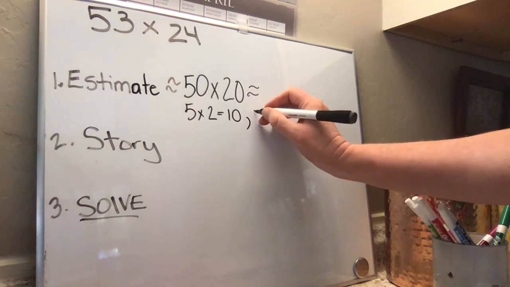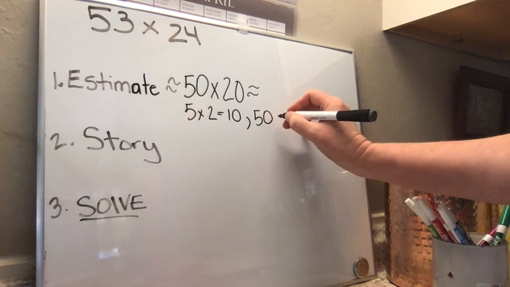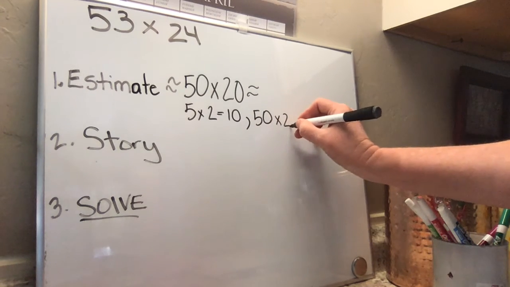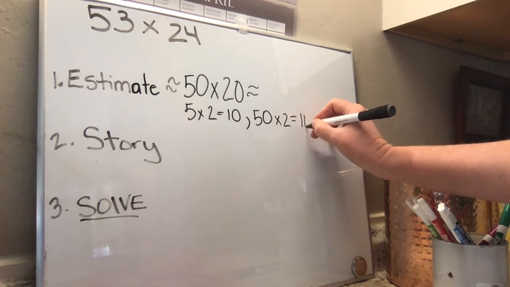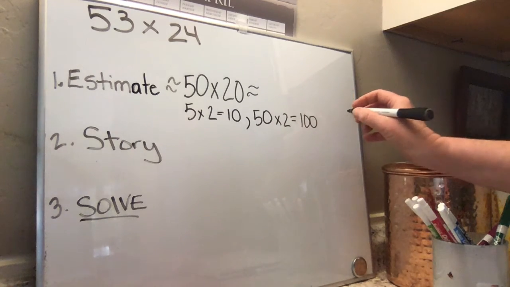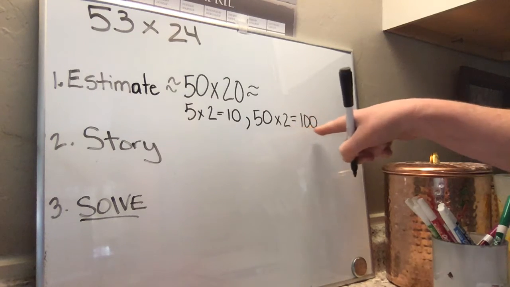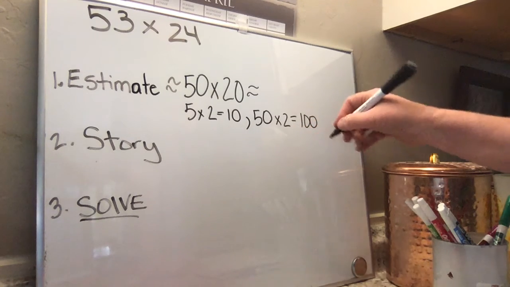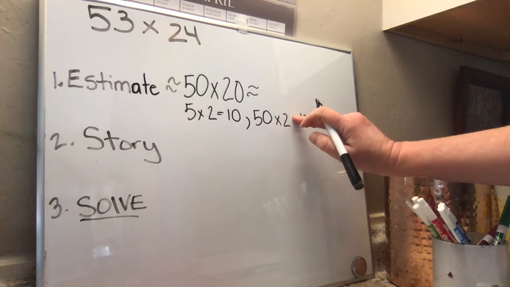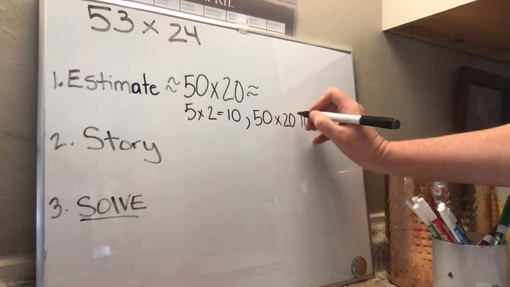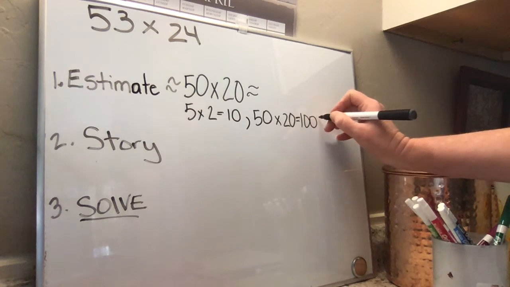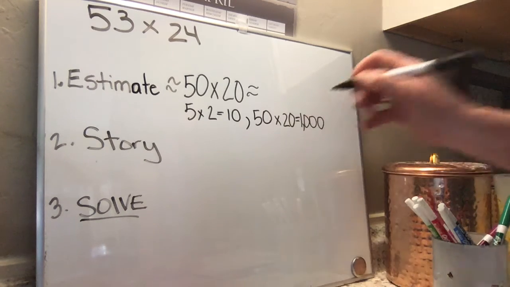Then you go, oh wait, no, I have 50, not 5, so I'm going to do 50 times 2. Okay, that's 100. But I actually have 10 times that many, right? I have times 20. So 10 times 100. Let's correct this right here and do our actual estimate. It'll give us 1,000.